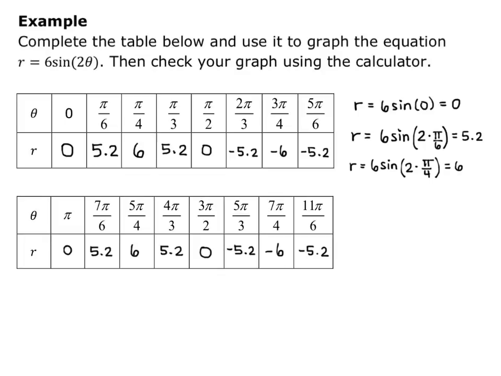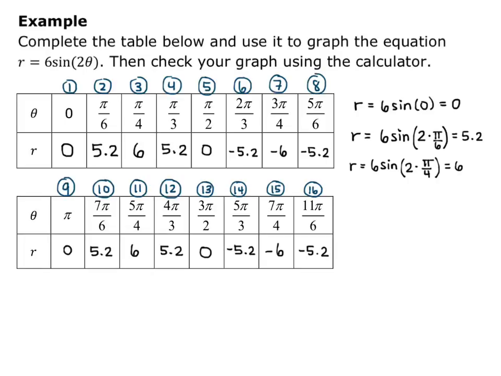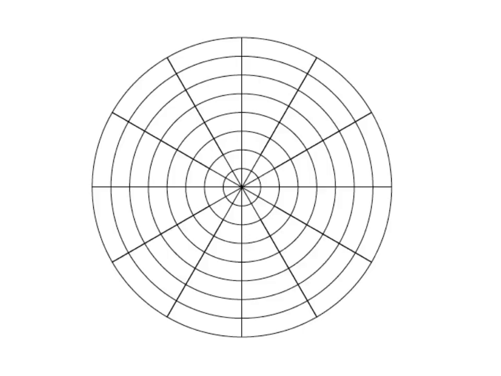Now let's number these so that they're easy to keep track of on our graph. I'm going to number these 1 through 16, starting with the 0, 0 as 1, and then just going in order as my angles go around the unit circle counterclockwise. Okay, so using these points, I want to graph them on the grid. My first point is 0, 0, so I'm going to make a point at the origin.